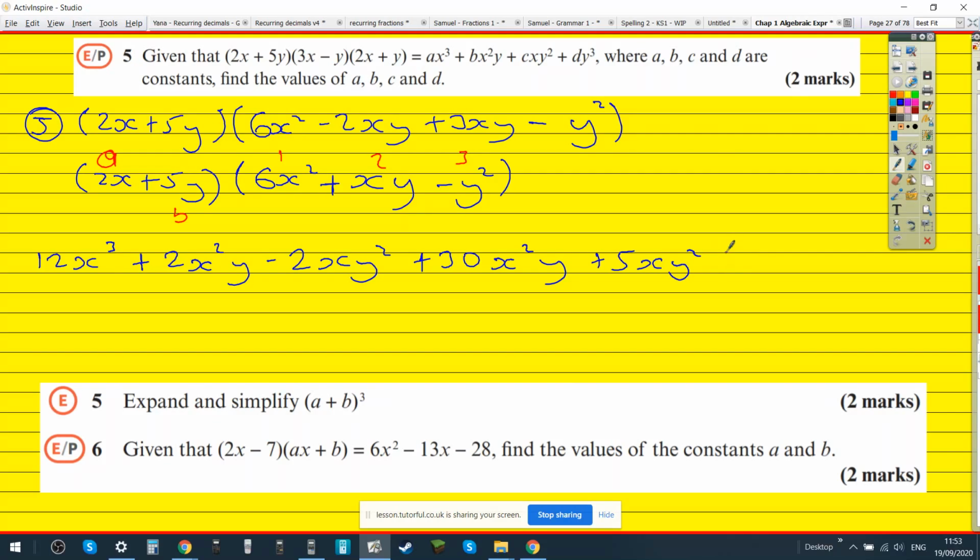And then 5y times minus y squared, which is minus 5y cubed. Well done. Simplify where possible.